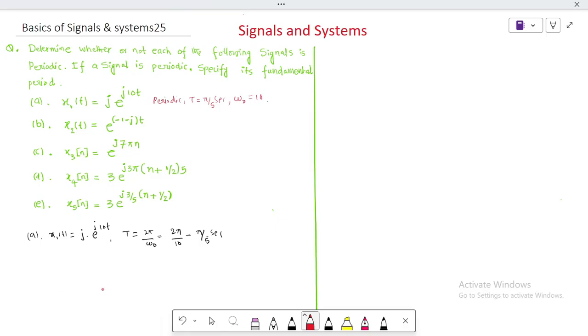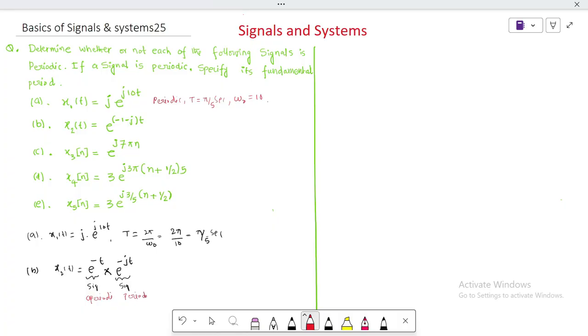Next one, B: x2 of t equals minus e power minus t into e power minus j into t. So this is the signal. Both are signals, but the first one is not periodic, while the complex exponential is periodic.